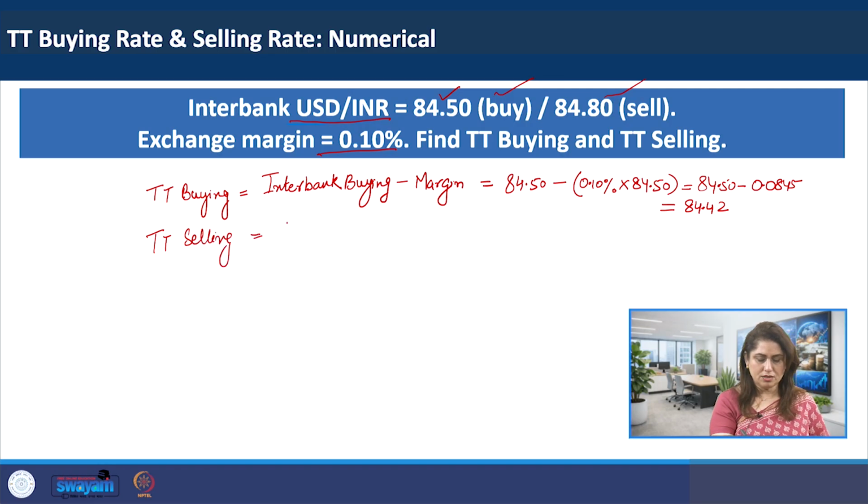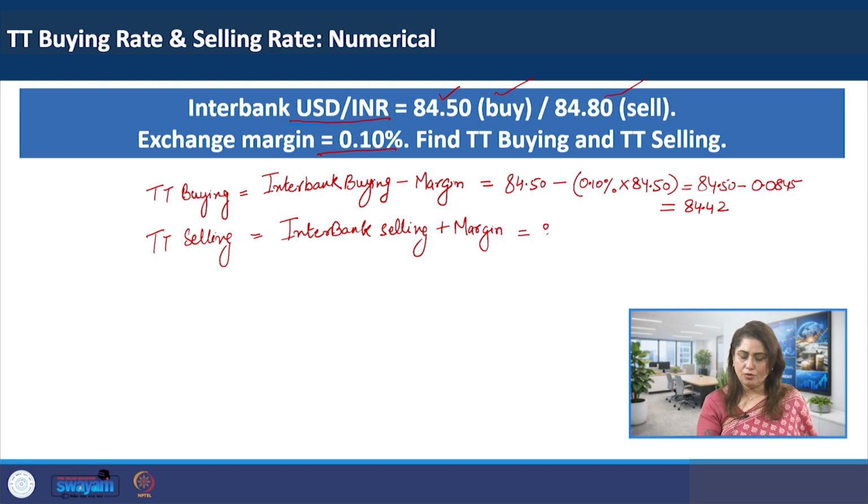Selling rate, now this is equal to interbank selling plus margin. Now here 84.80 is the selling rate. We will add the margin, which is 0.10% of 84.80.